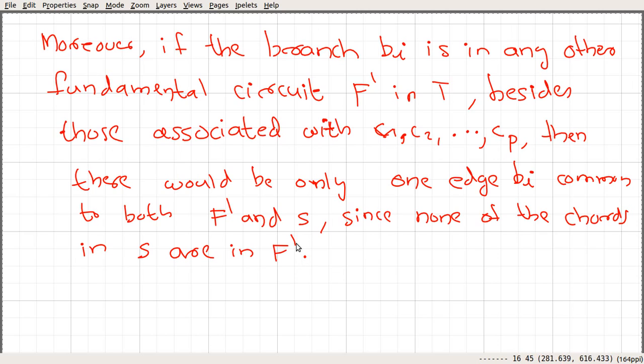But this is not possible, because there must be an even number of edges common in a circuit and a cut set. And that says this BI is not going to appear in any other fundamental circuit.